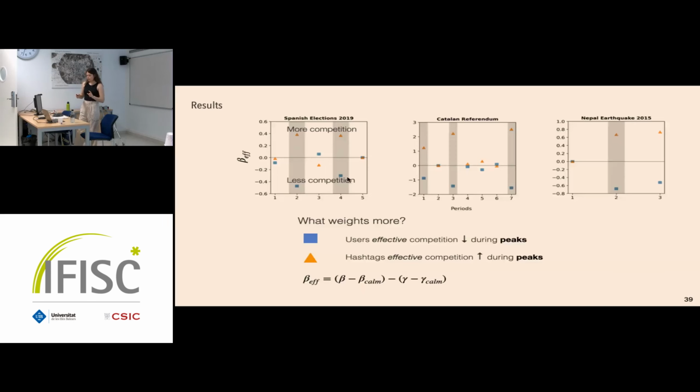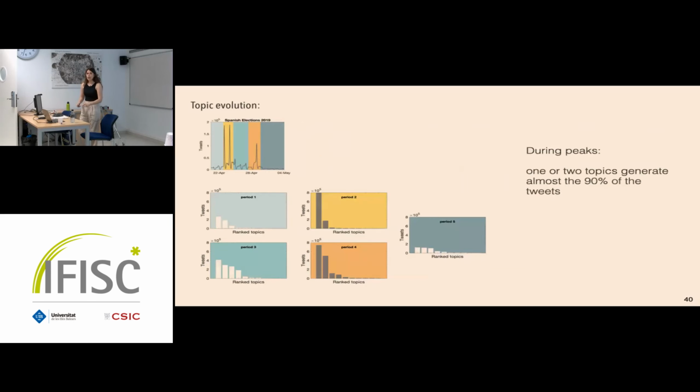In order to first explain the hashtag behavior, we looked at how the topics were distributed during calm periods and peak periods. We discovered that during peaks we have just one or two topics that encompass all the discussion. So during those periods, hashtags are experiencing a lot of competition because they are all competing with each other.